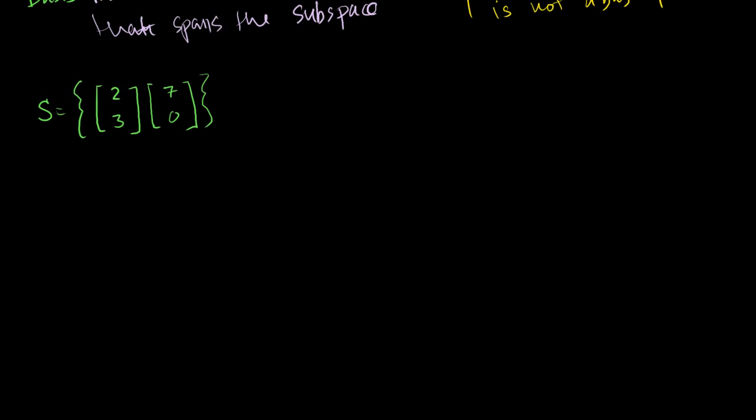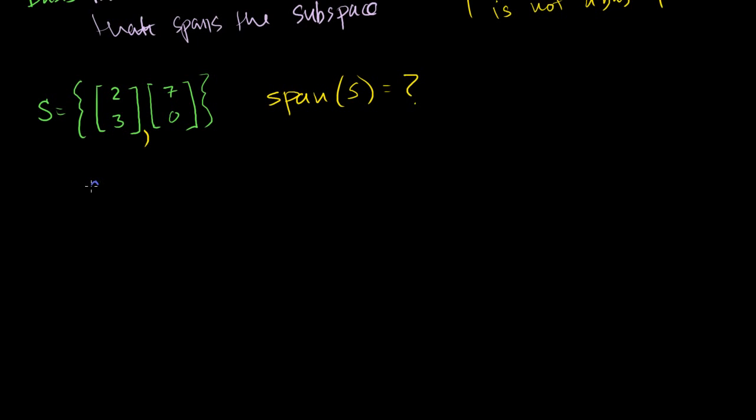So first of all, let's just think about the span of this set of vectors. This is a set of vectors. So what's the span of S? What are all of the linear combinations of this? Well, let's see if it's all of R2. If it's all of R2, that means with a linear combination of this we could always construct anything in R2.